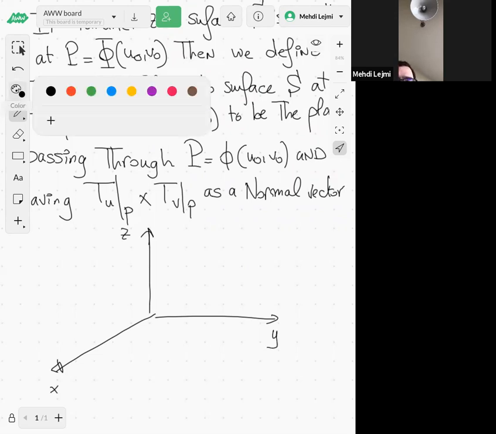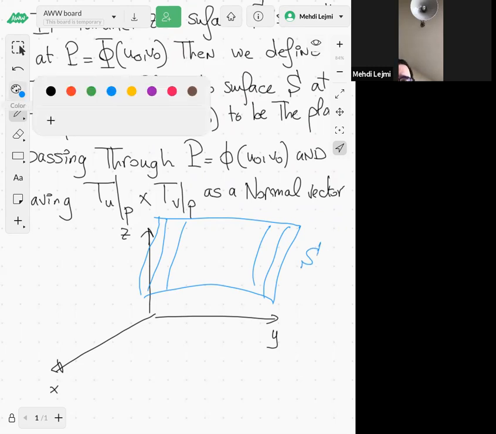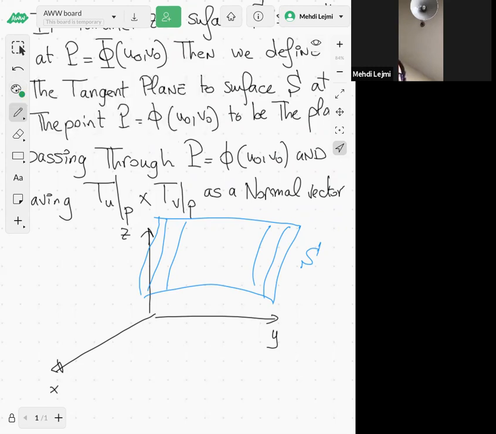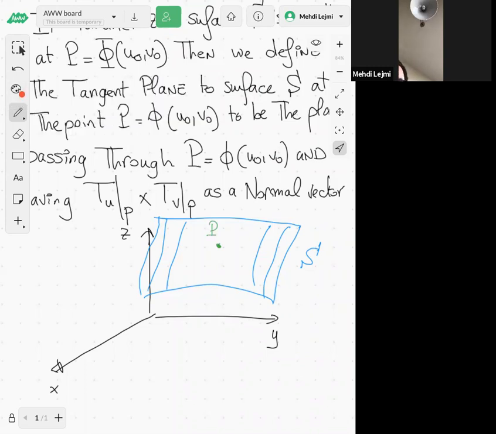We have some parameterized surface, this is my surface S. On the surface S, we have a point P. And at P, we have two special, distinguished tangent vectors: there's this T_u at the point P, and there's a second tangent vector here, T_v at the point P.